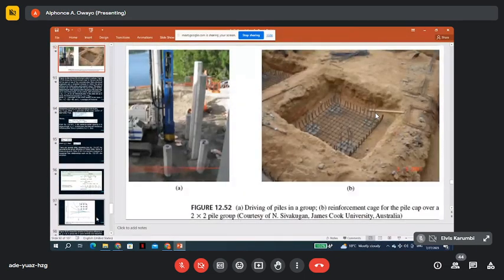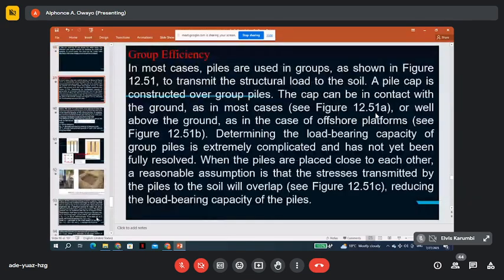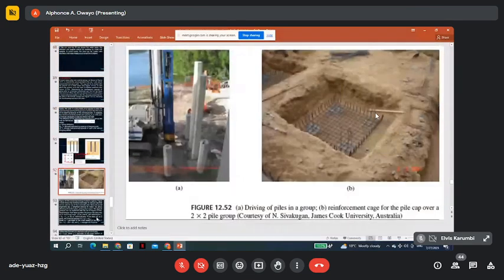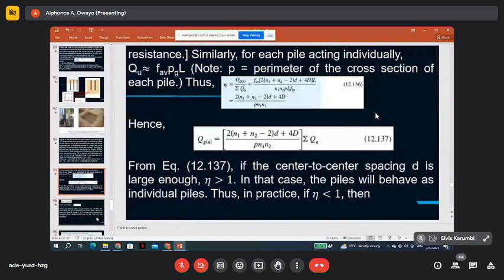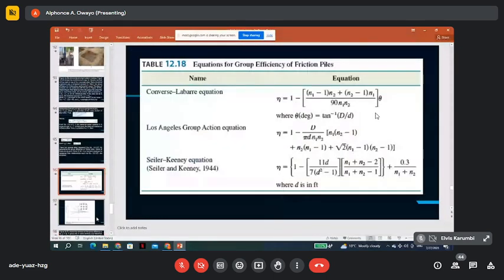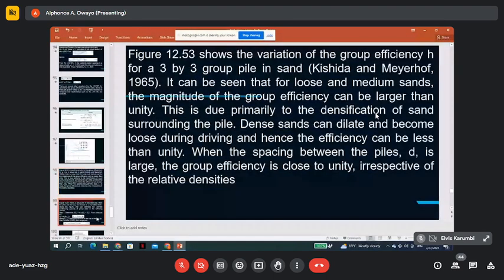So what we are dealing with here is group efficiency in sand and friction piles. Okay. No, it's still friction even in clay, but like we've said, clay and sand behave totally differently.